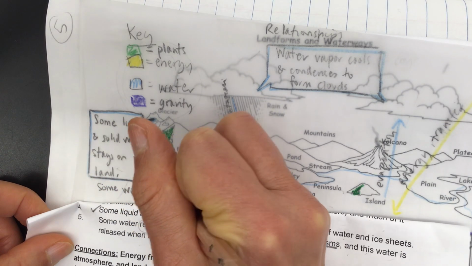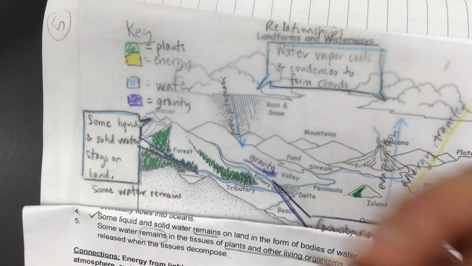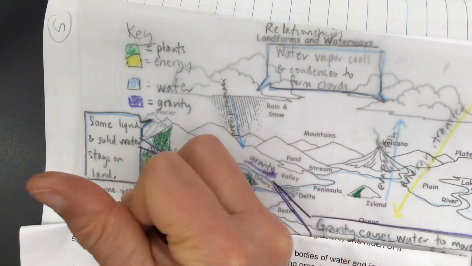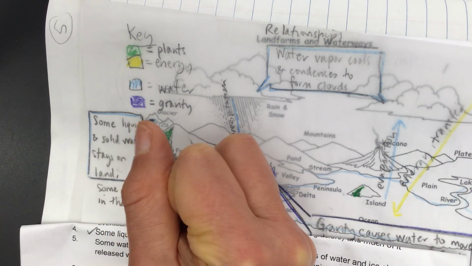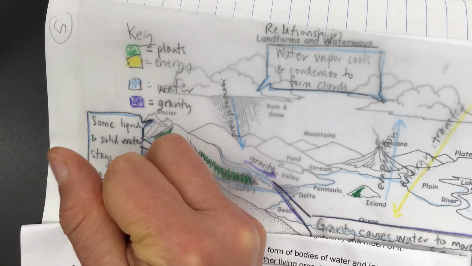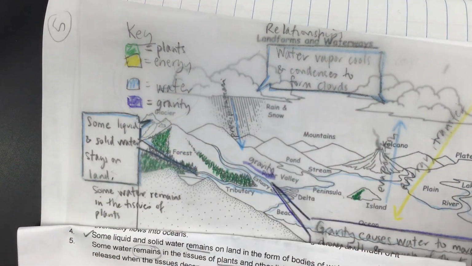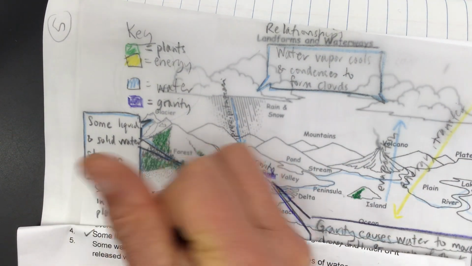I could also be at this point doing more paraphrasing. Some water stays in the tissues of plants and animals. And actually other organisms, because it could be bacteria as well. So, and other organisms, we should maybe just use organisms instead.